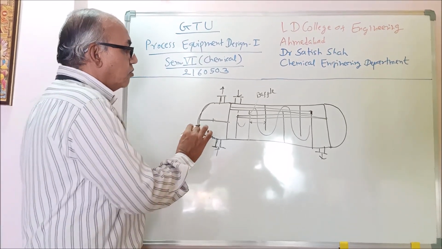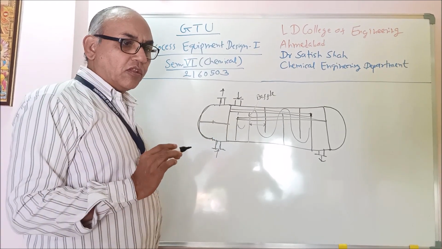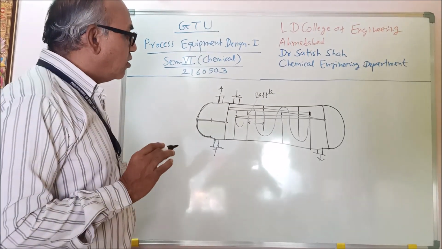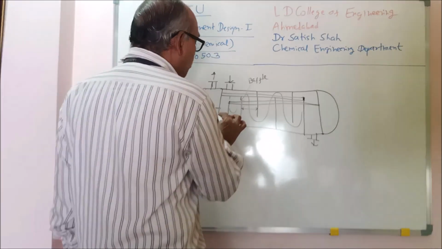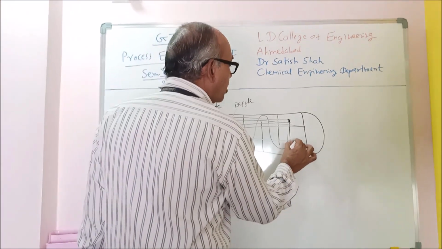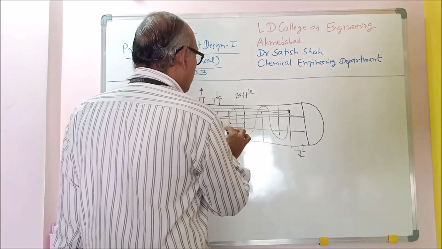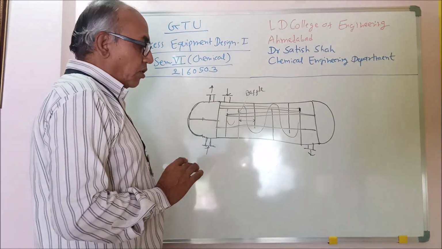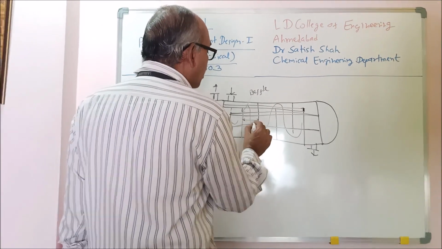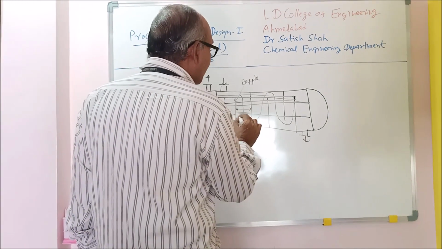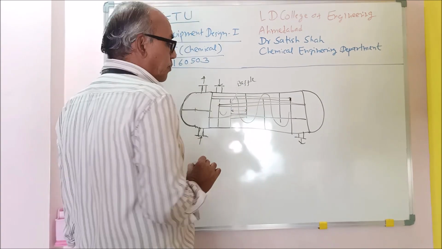So now, we have the tie rod and spacer. What is a tie rod and spacer? Suppose I have one rod which I will pass throughout from this point to this point. This is my tie rod. That is one solid rod. These are the two baffles. In between, I will put one piece of pipe.